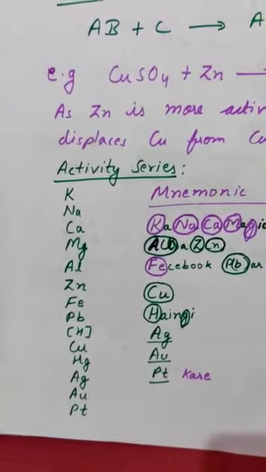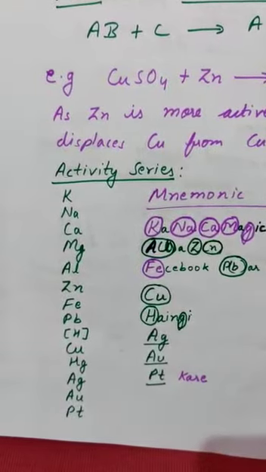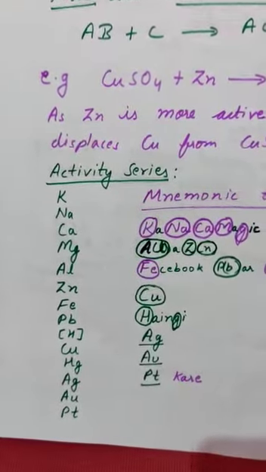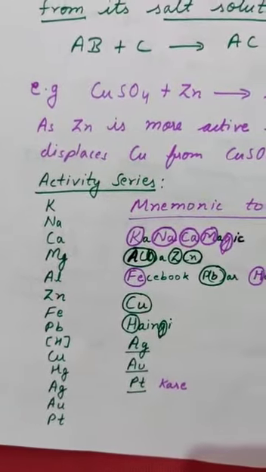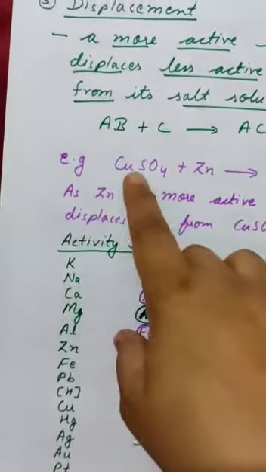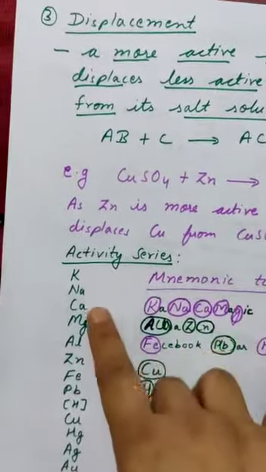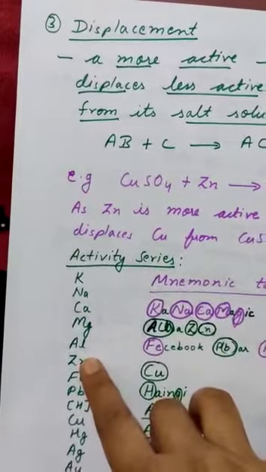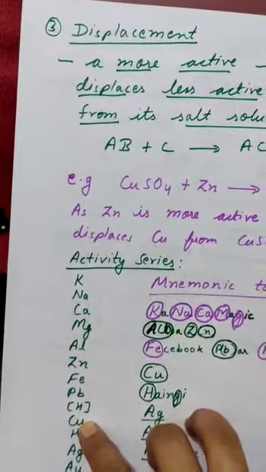So in the activity series, the element which comes first will displace the other element which is at the bottom or lower in the series. Now you can see the example. Here there are two elements, one is copper, the other is zinc. Now in the series, zinc is lying above copper and copper is lying lower in the series.